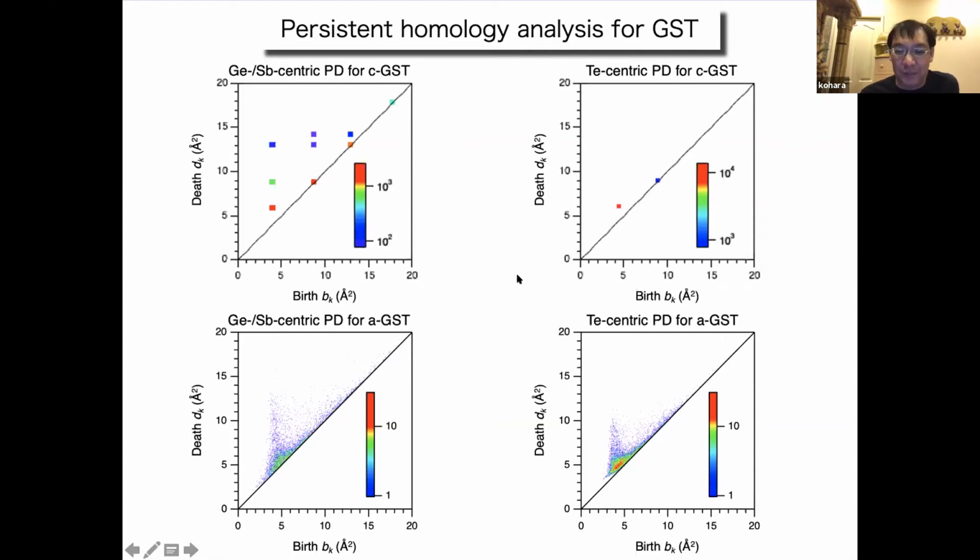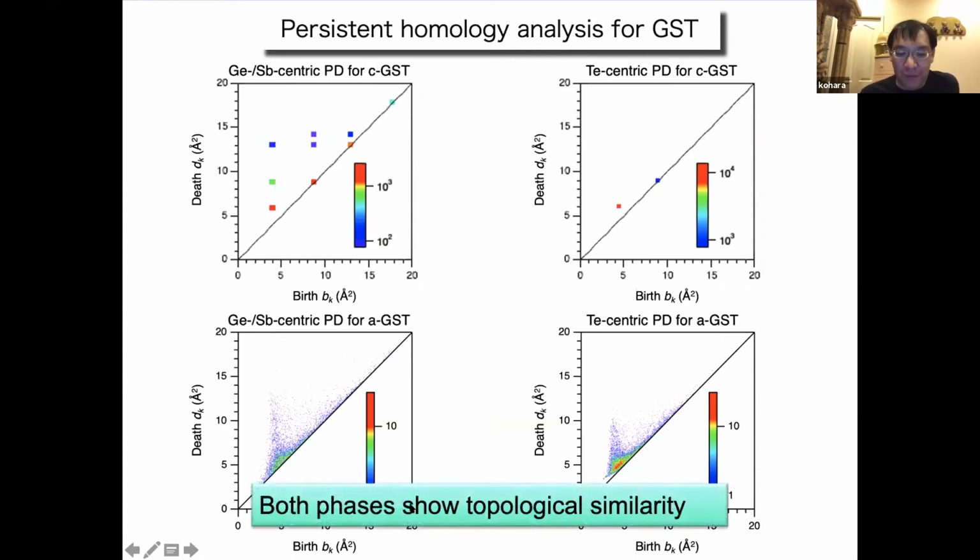Topology is very similar, so both phases show similar topology. This is very important information from persistent homology. But an important point: this is not a good glass forming material. So it is natural that behavior is very different between silica and GST.